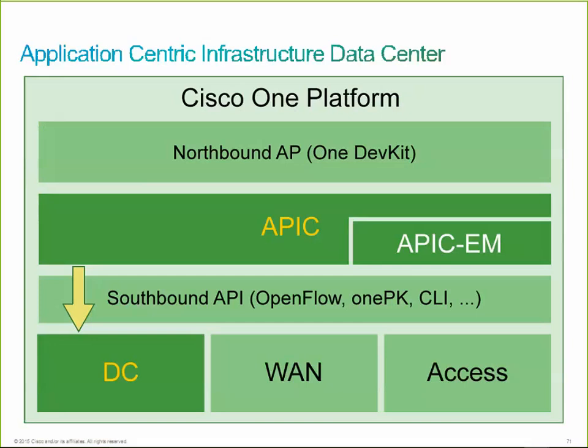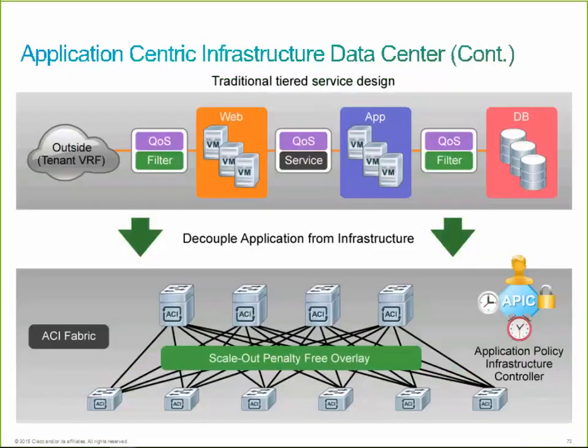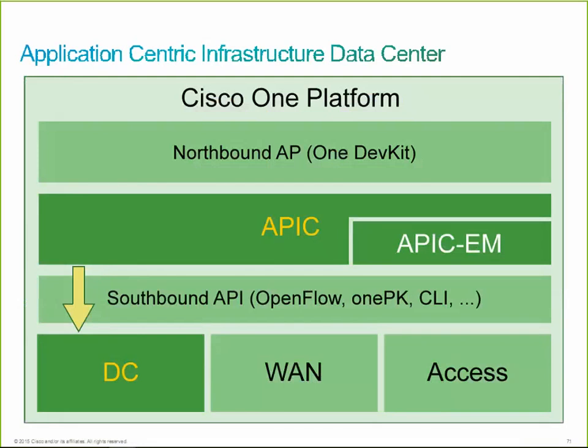So we had APIC-EM, and the APIC-EM architecture was specifically related to the WAN and the access layer, like IWAN and our network access. But now we're going to talk about APIC-DC and how the OpenFlow architecture, onePK, etc., allows that southbound API to control our data center configuration.